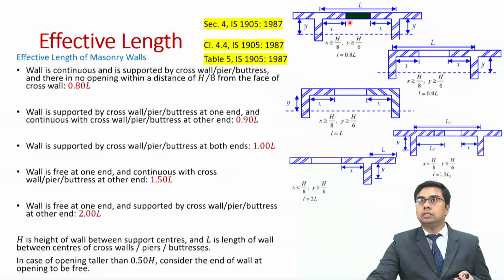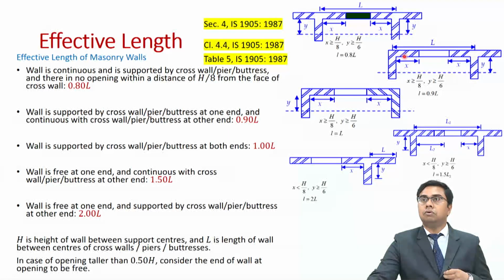Obviously, in this case the opening has to be small, that is the opening should have a distance of at least h by 8 from either face of the cross wall. So x should be greater than or equal to h by 8. Similarly, y greater than or equal to h by 6 implies that the cross wall should be functional only if it has a certain length.